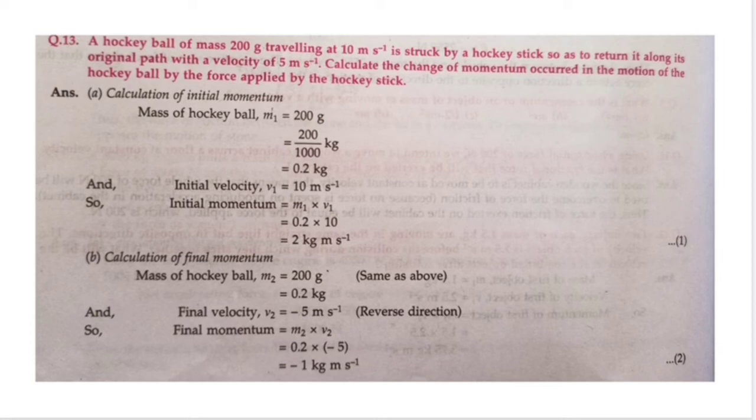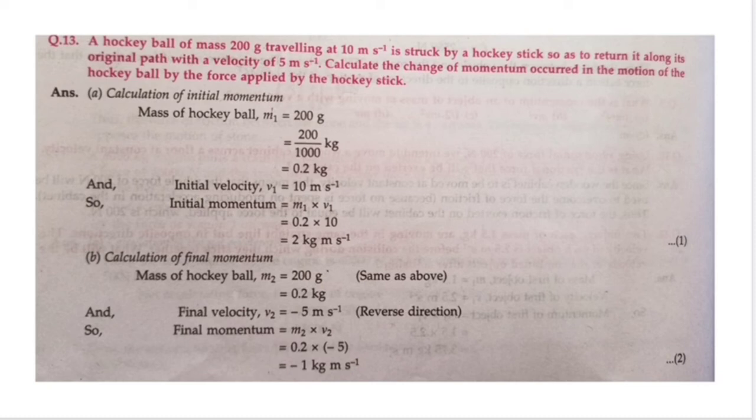Next we calculate the final momentum. For this, we take the mass of the hockey ball again, m2 equal to 200 grams. That converted into kg, we get 0.2 kg. And the final velocity v2 is given as minus 5 meter per second.